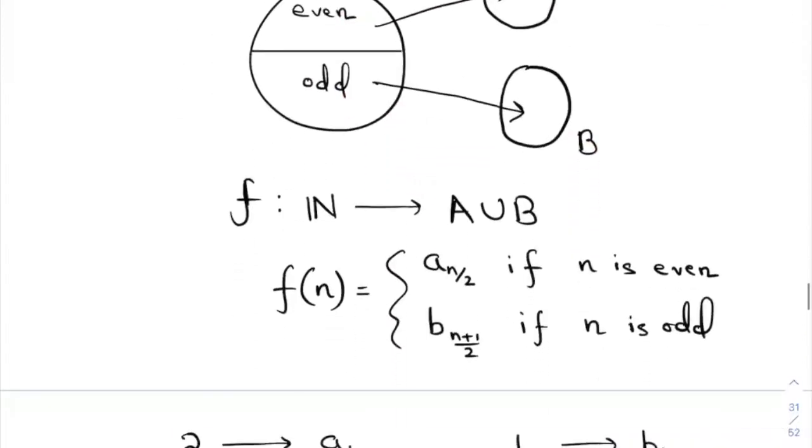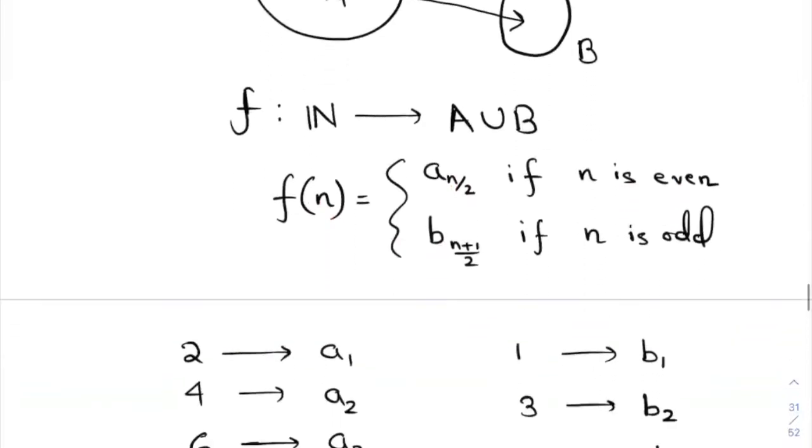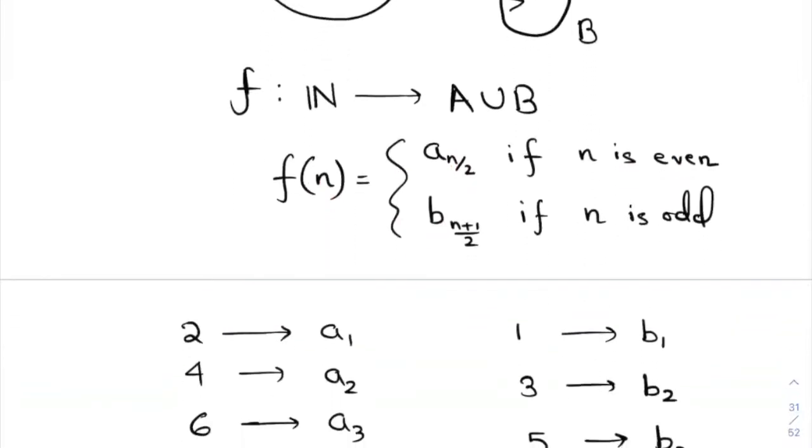What is that idea? I'm simply going to send n to a_{n/2} if n is even, and send n to b_{(n+1)/2} if n is odd. If you write down the terms of this sequence, things will be much clearer. For example, 2 is assigned to a_1, 4 is assigned to a_2, 6 is assigned to a_3.